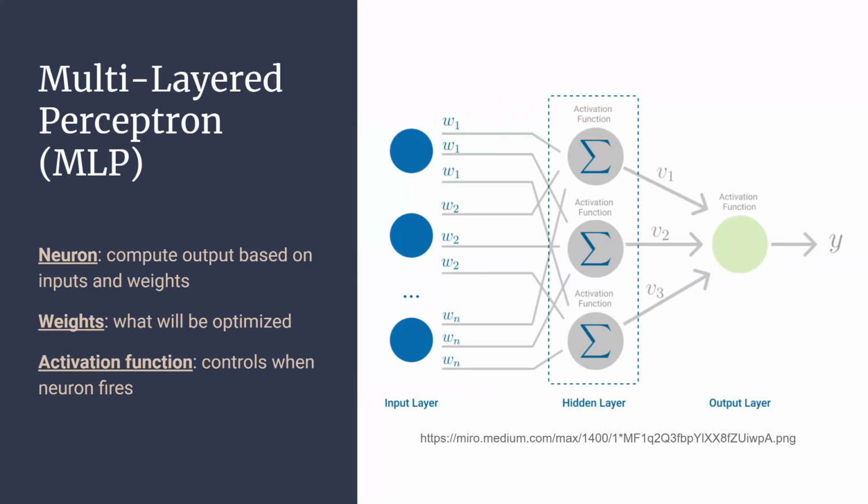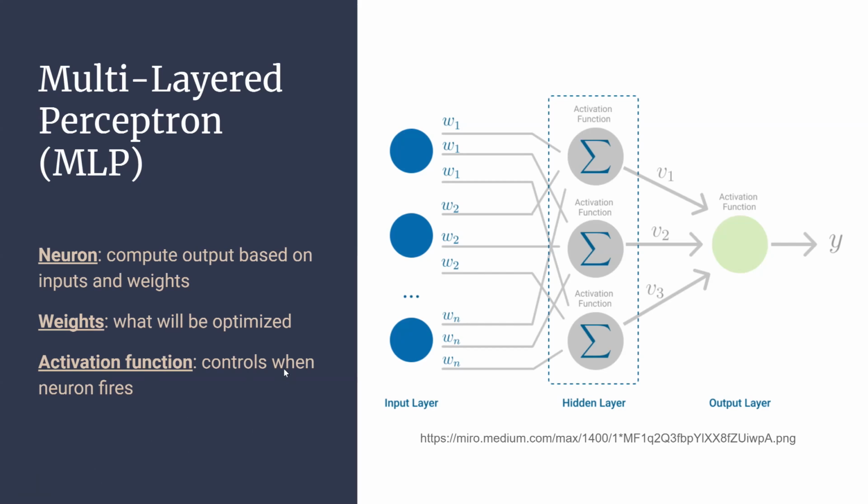That brings us to the next slide. A neuron will compute the output based on the inputs and the weights. The input would be the input data you're feeding it, and the weight is what will be optimized. You'll be tuning the weight as you train so that you have better predictions and results. Another component of this is the activation function.